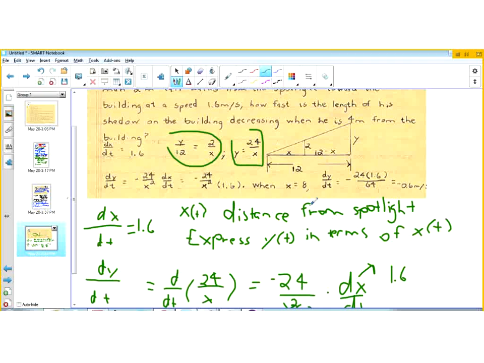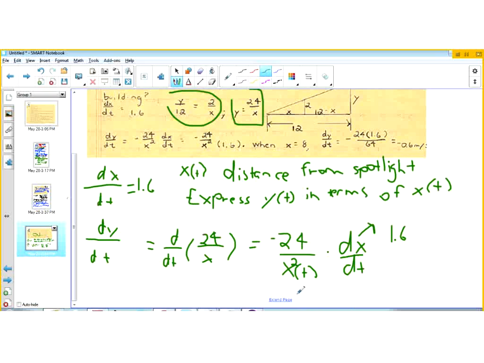We have x being the distance from the spotlight. So if he's 4 meters from the wall, then he's 8 meters from the spotlight. So we wire in 8 there.